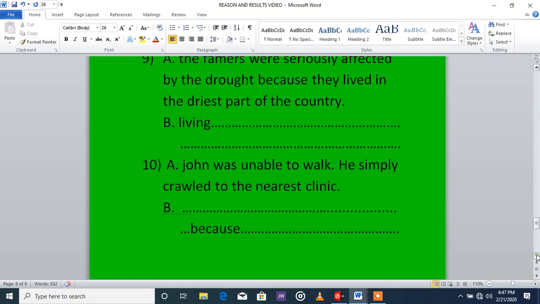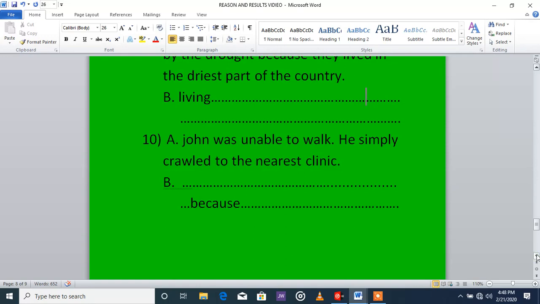Our last one. John was unable to walk. He simply crawled to the nearest clinic. Then in the middle, it is saying let's put "because".